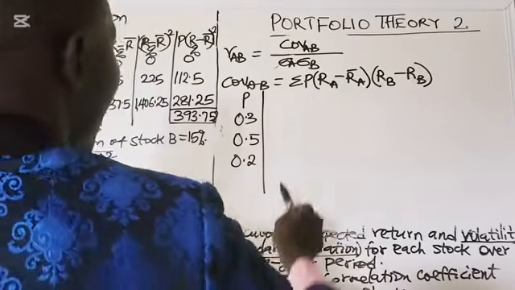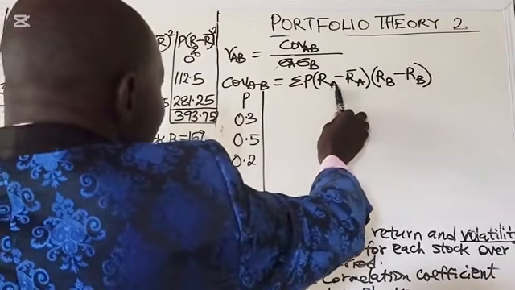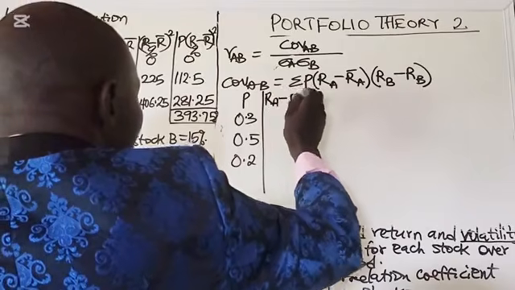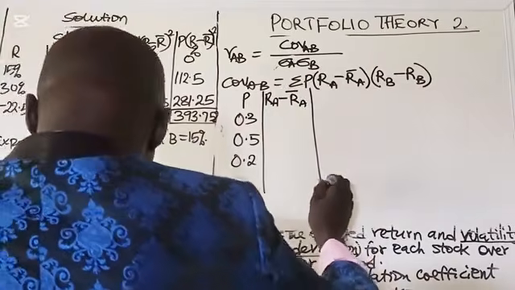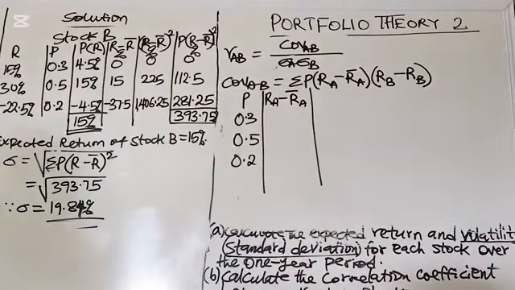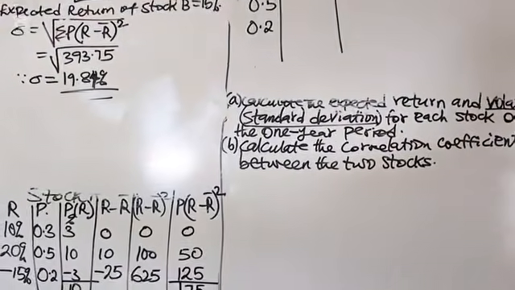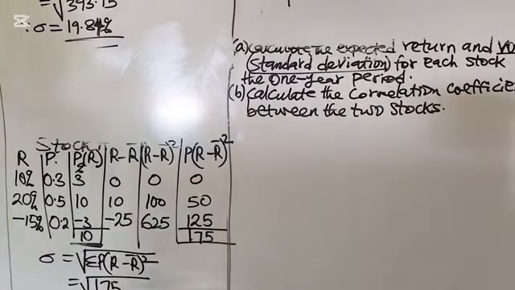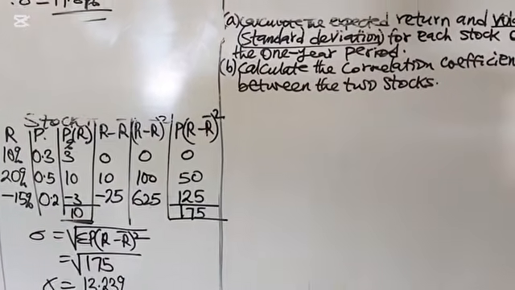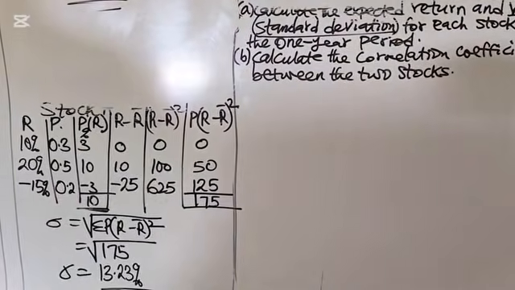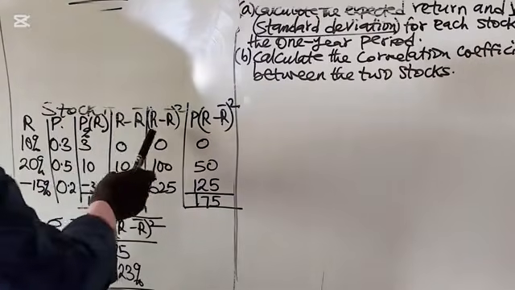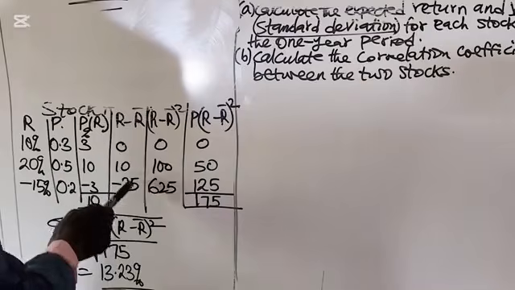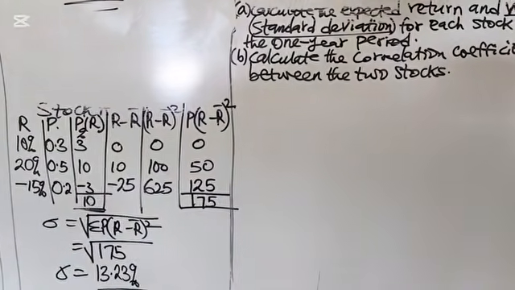After the probability, you will need returns of A minus expected returns of stock A. These have been calculated from the table where we calculated the standard deviation of stock A. So this is for stock A. R minus R bar is 0, 10, and minus 25.